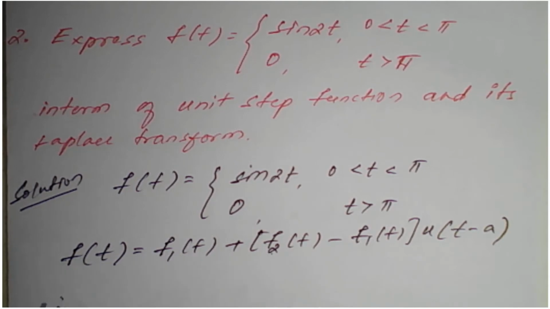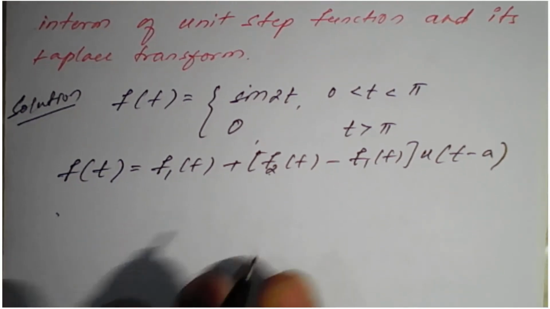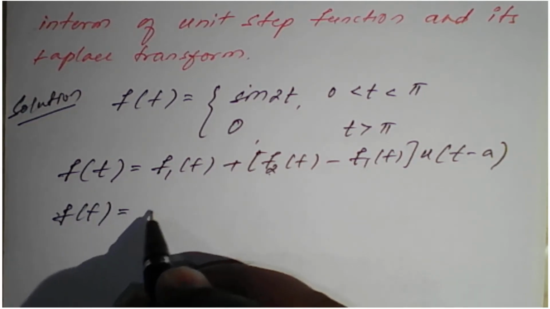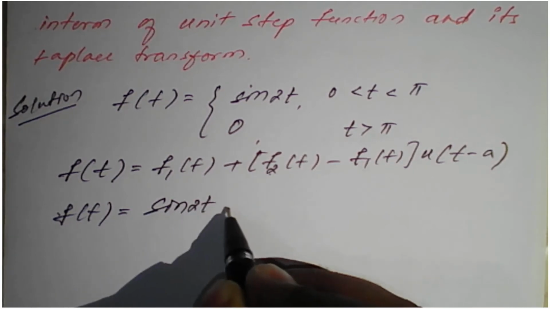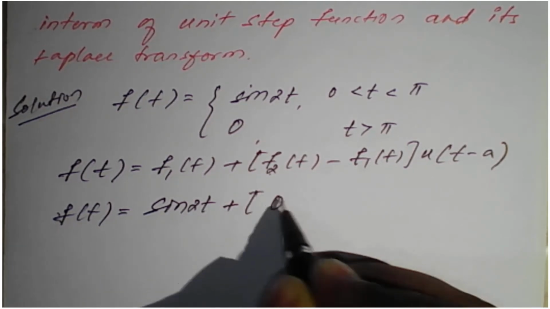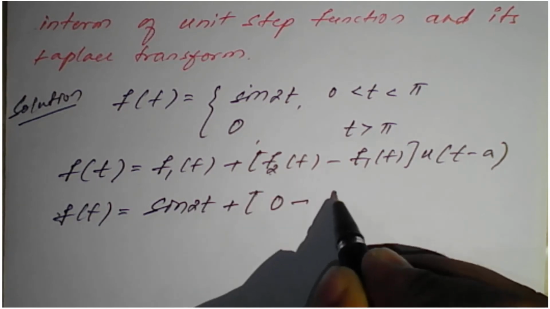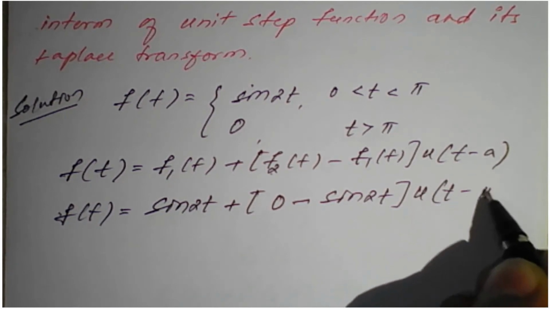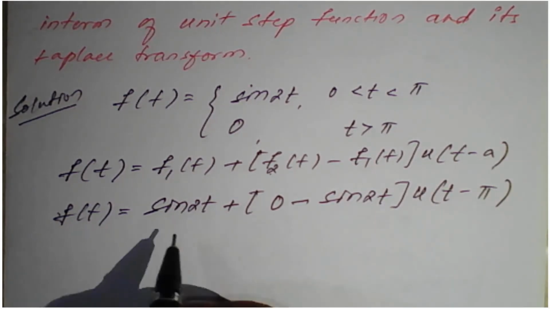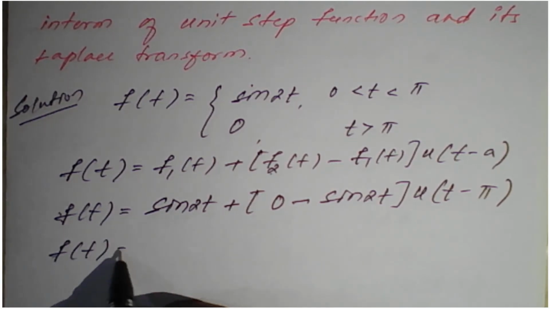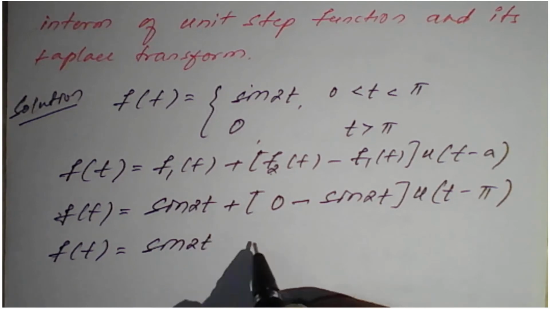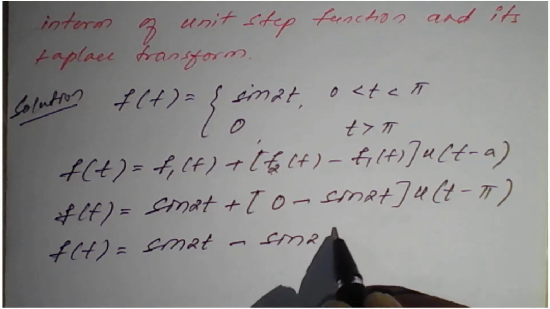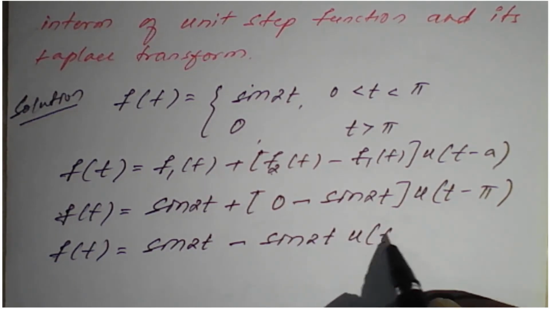So the given question will become f of t is equal to f1 of t which is sine of 2t, plus f2 of t which is 0, minus f1 of t which is sine 2t into u of t minus pi. So on simplification f of t will become sine 2t minus sine of 2t into u of t minus pi.